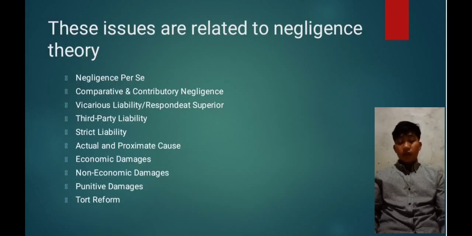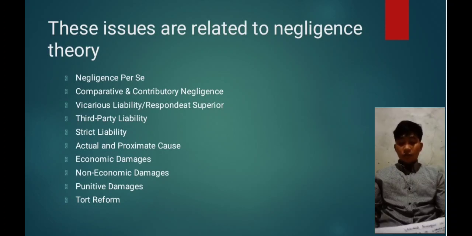There are some related issues to negligence theory. First, negligence per se. Negligence per se is applied when conduct is a violation of a law that causes harm. Negligence per se is also called negligence in itself. And number two, the difference between comparative negligence and contributory negligence.